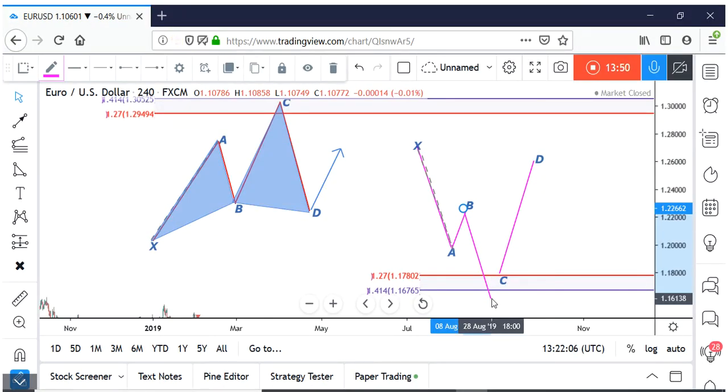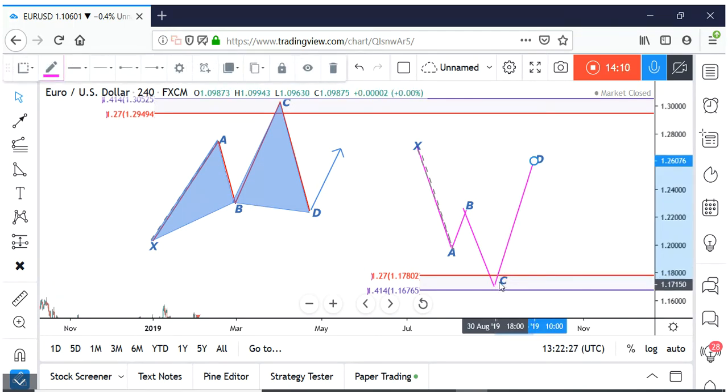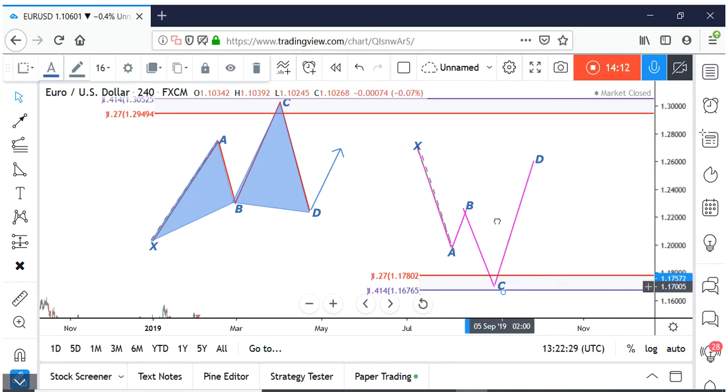If it crosses 1.414 and then closes inside this zone, that is fine, as long as there is no close above 1.414. Okay, it qualifies. So let's say it closes here. That's our C leg.